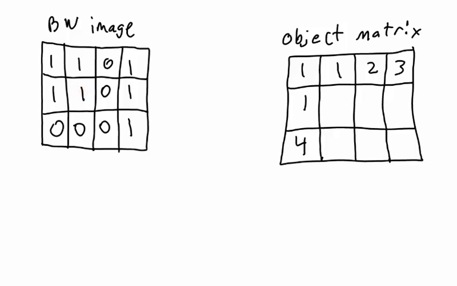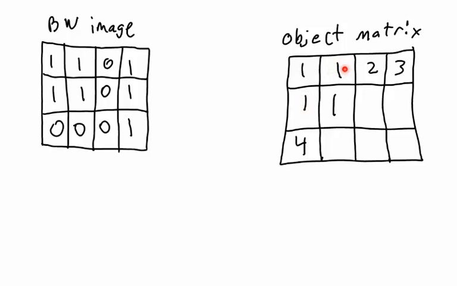We have to then check for our second rule, which says that if the black-white image value here is the same as the black-white value here, which it is, but the object matrix value here is not the same as the matrix value here, then we have to do something different. But in this case, the object matrix value here is the same as the value here, so we're good to go.